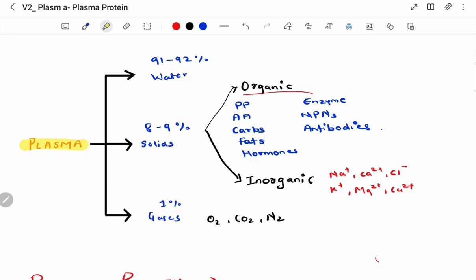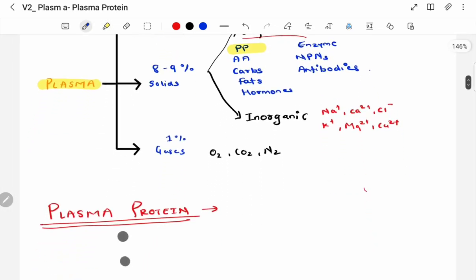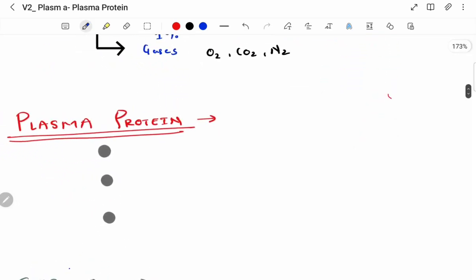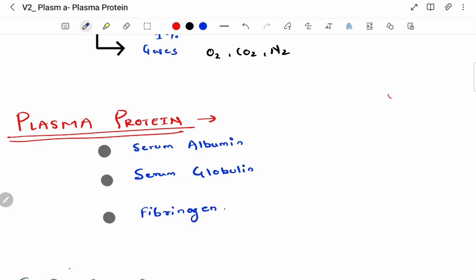We'll focus mainly on plasma protein. So what are plasma proteins? Plasma proteins are serum albumin, serum globulin, and fibrinogen. Normal value of total protein in the blood is about 6.4 to 8.3 gram per deciliter.